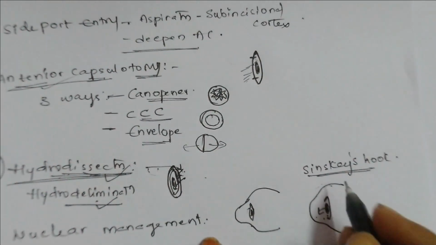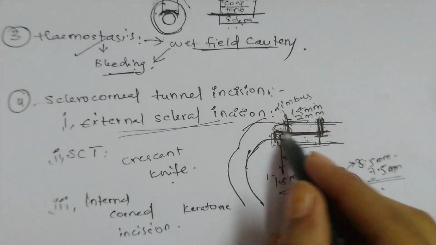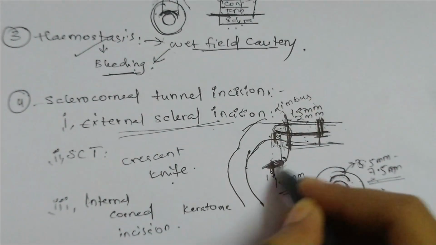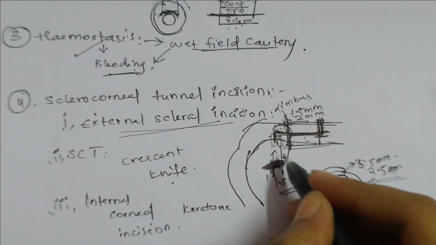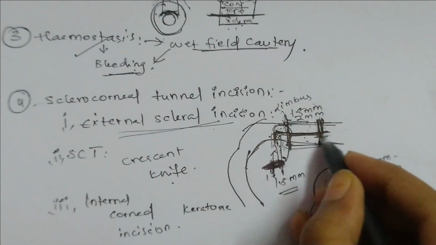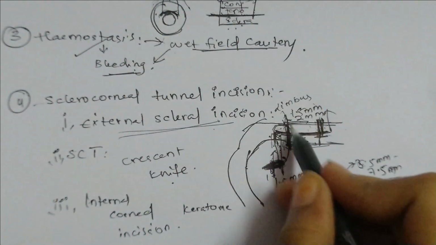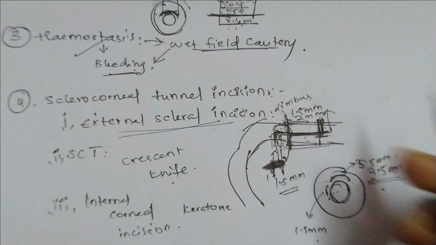After prolapse, it has to be brought out. We have made a corneoscleral tunnel like this, and here is the nucleus. We want to bring it outside, and it is present in the anterior chamber. So we will draw it out in this way through this sclerocorneal tunnel. This is called delivery of the nucleus.